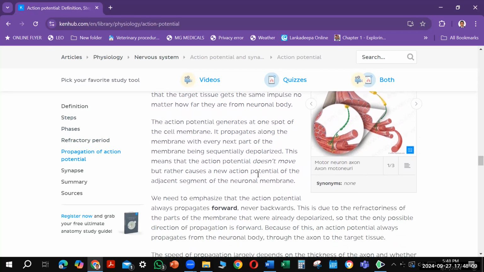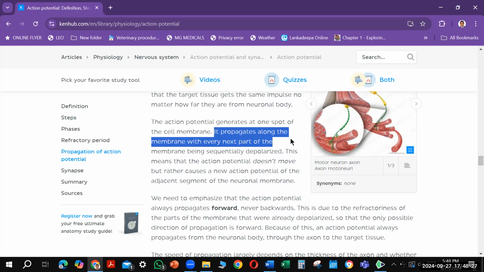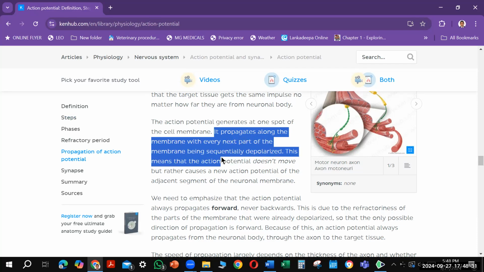The action potential is generated at one spot of the cell membrane, position A. It propagates along the membrane with every next part of the membrane being sequentially depolarized.